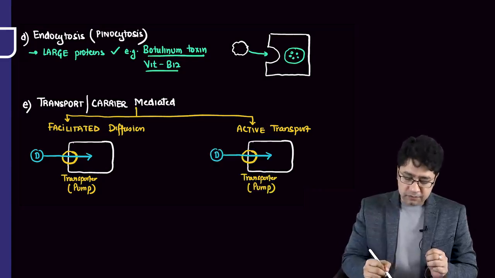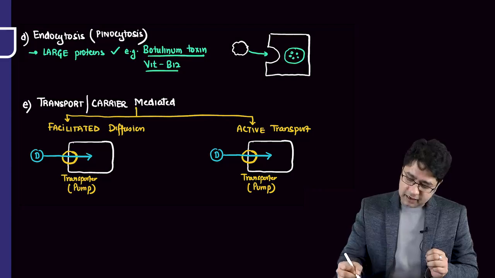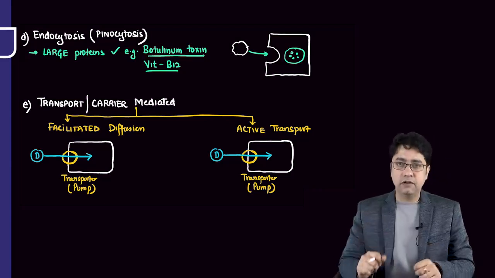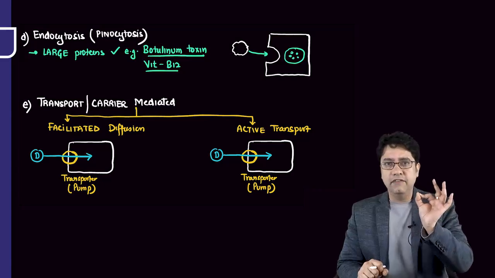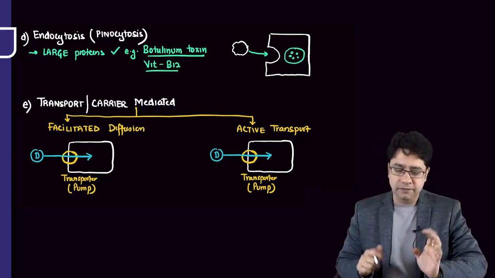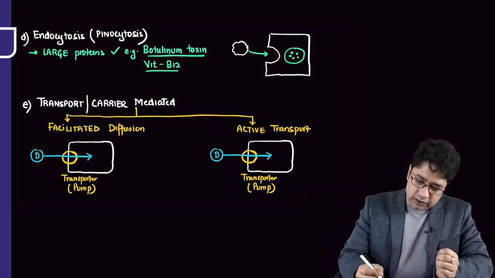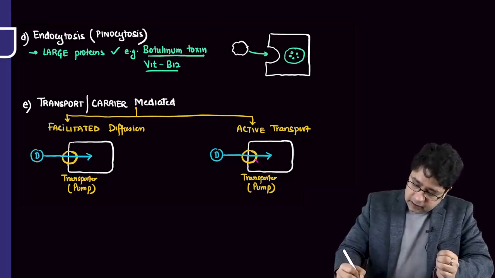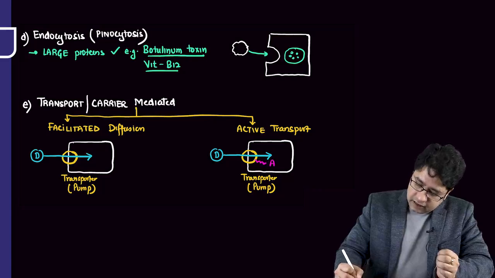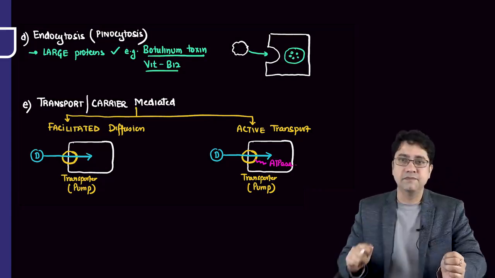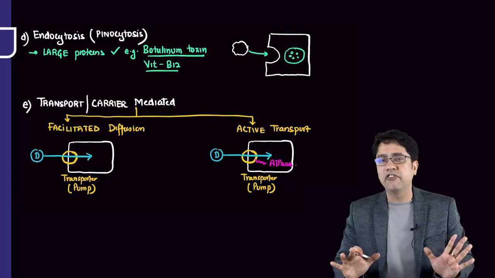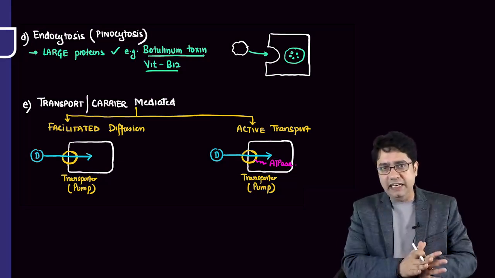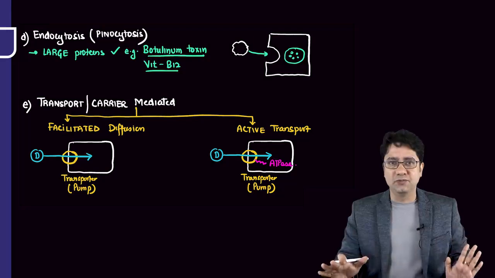I will duplicate this diagram, and for active transport I will draw the same diagram with one additional point. In this transporter or pump, in active transport, I will attach an enzyme known as ATPase enzyme. So this is the basic difference between facilitated diffusion and active transport.